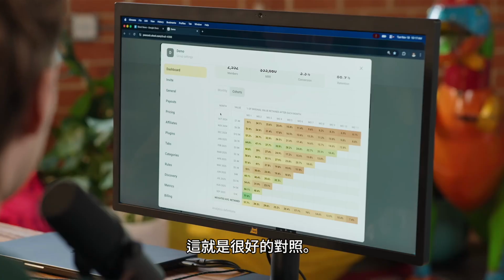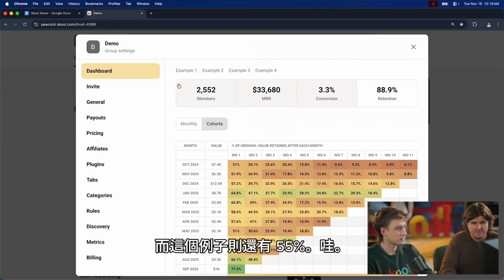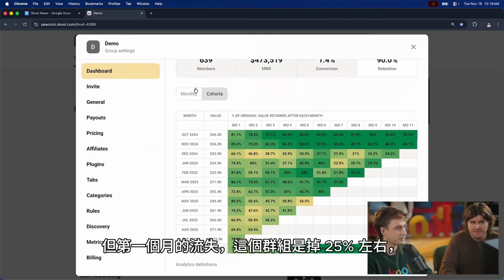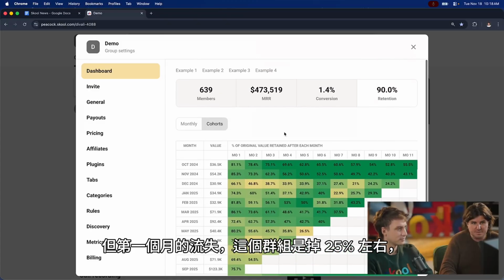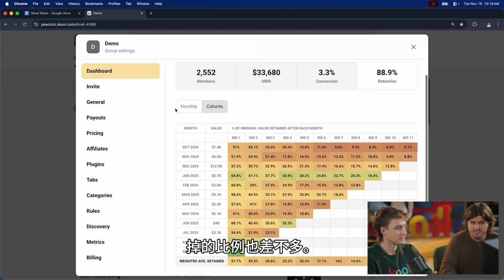So this is a good comparison, right? By month 12-ish, they've got like 7%, whereas this example has 55. Wow. But in month 1, this one loses 25-ish%, but this one loses similar, right?